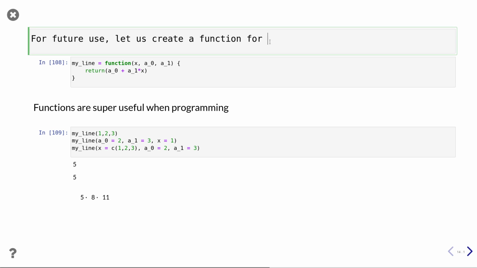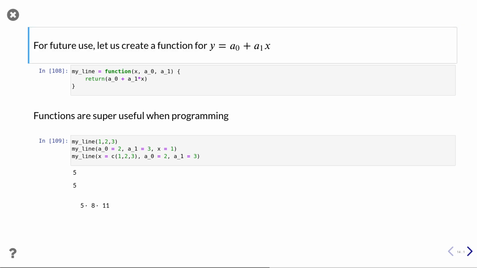Here I'm using the usual notation, the one that corresponds to what they are doing in R for abline. So this is a polynomial of first degree with coefficients a0 and a1.